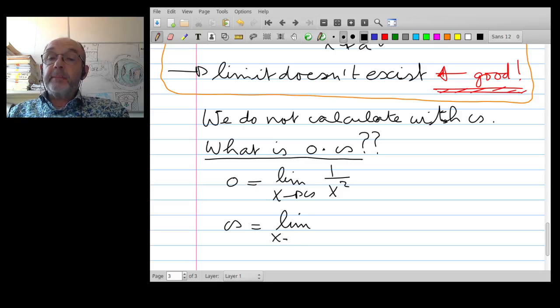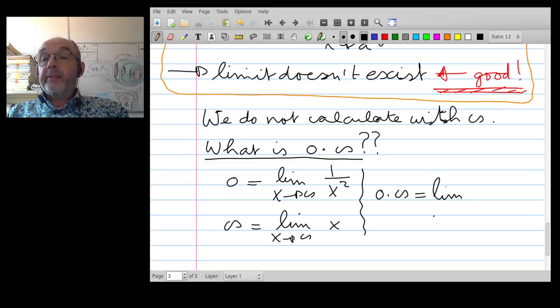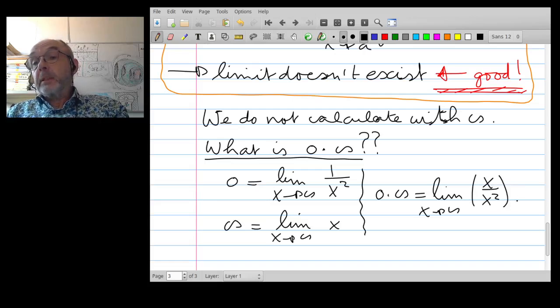That can be the limit from x going to infinity of x. And if I now multiply these things, now I get the limit from x going to infinity of x divided by x squared. And okay, now you can say you get 0 out of it.